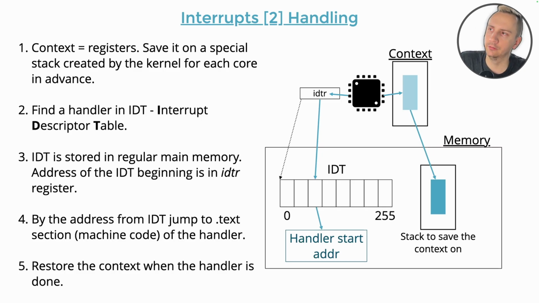And after the handling of the interrupt, all the context saved in this special memory by this one CPU core will be restored back, so all the values of the registers will be set as they were before the interrupt, and then the core will continue executing the previous task, unless the kernel decided to remove this task from execution, of course.